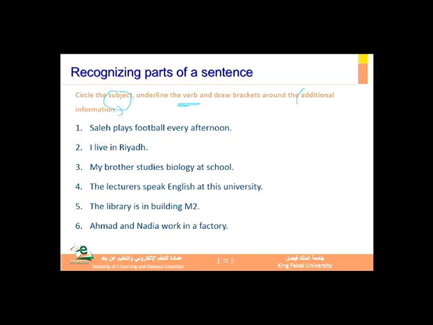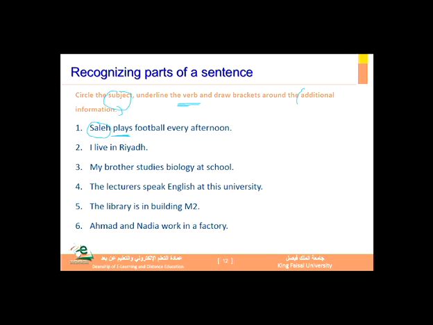Saleh plays football every afternoon. The doer of the action, the subject of the sentence, is Saleh. So we are going to circle the word Saleh. Underline the verb. Where's the verb? What does he do? He plays. What does he play?